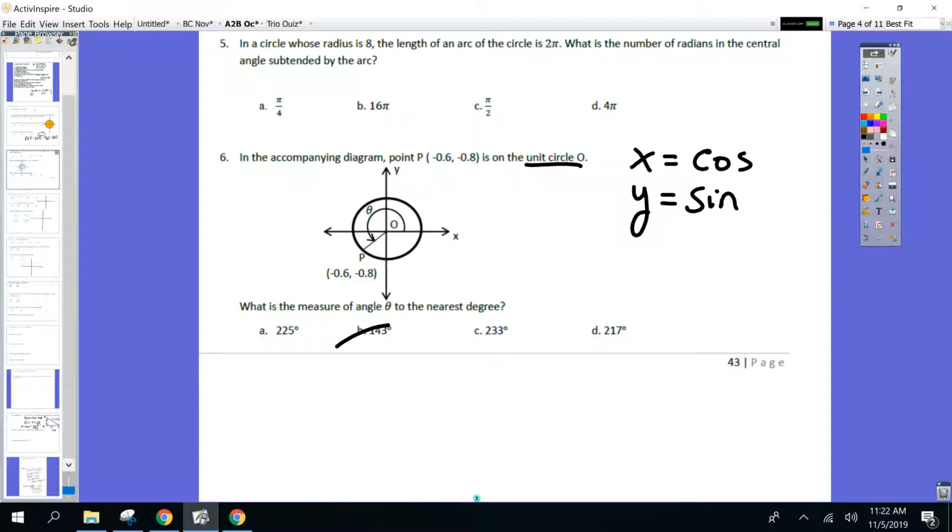How have we been finding an angle in our calculator this entire time? With the inverse. So we can do inverse sine, but what was your y-coordinate? Negative 0.8. Or we could have done inverse cosine, but used what instead? Negative 0.6. Correct, because that's the x-coordinate.